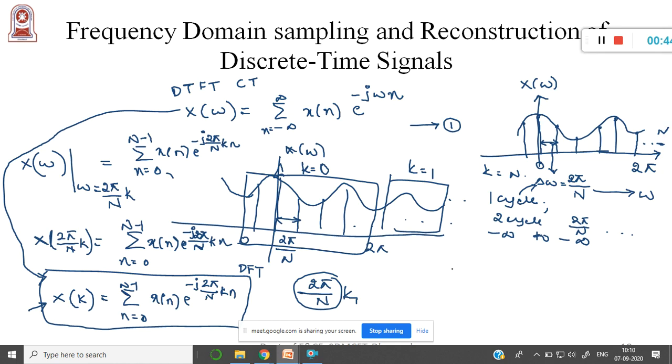It must be discrete, and very good. So now the DFT is discrete, hence the name discrete Fourier transform.